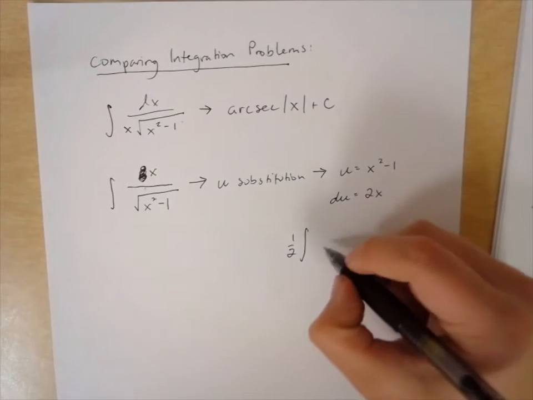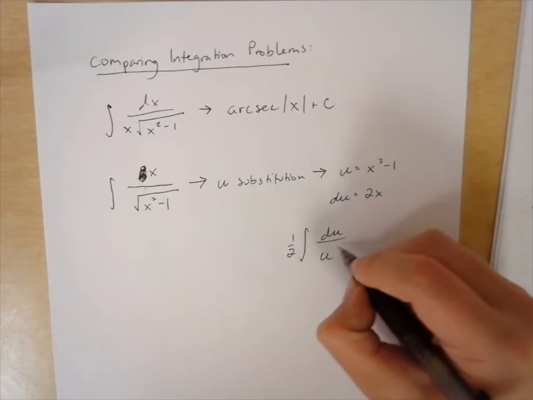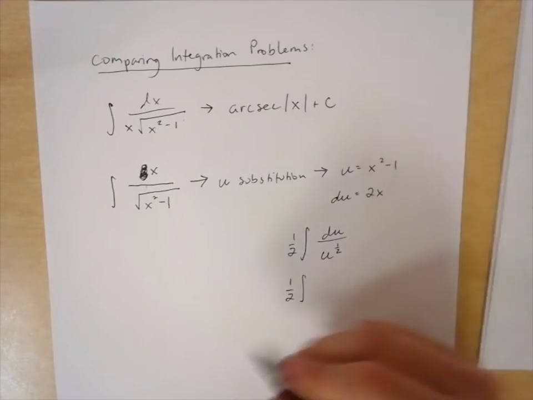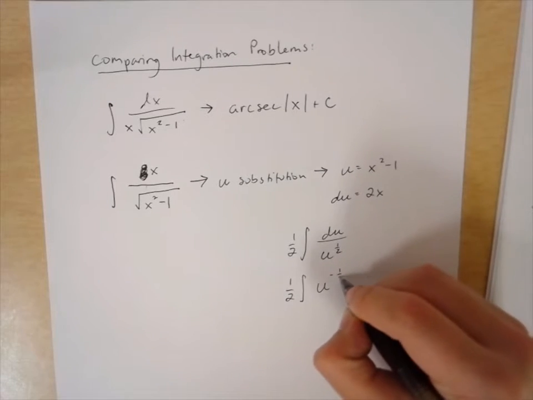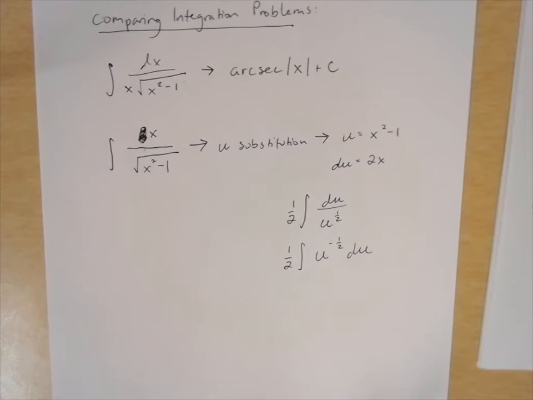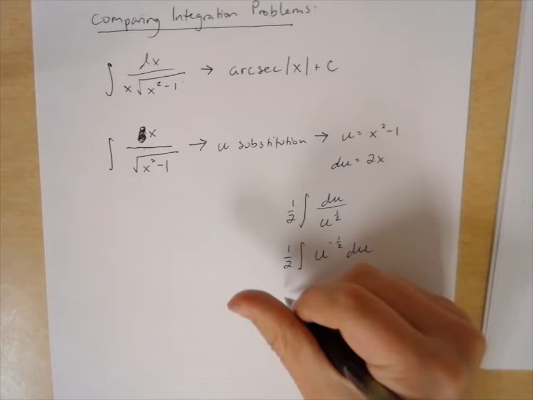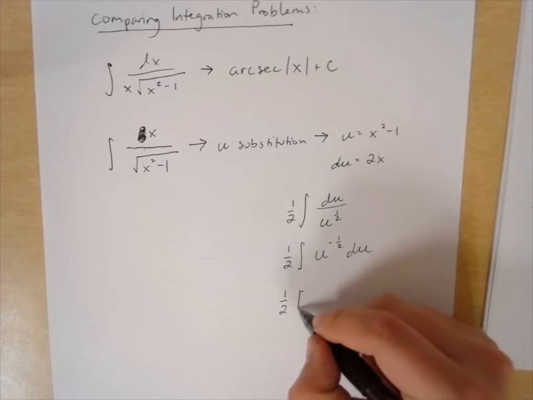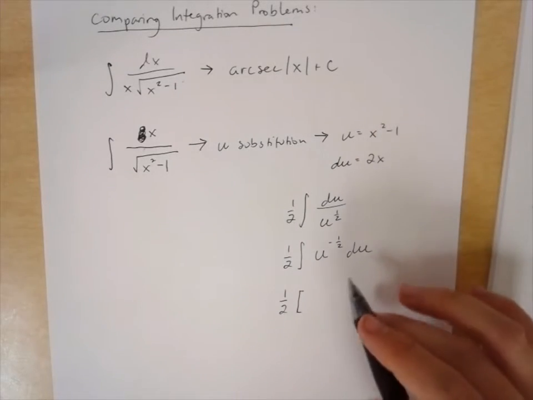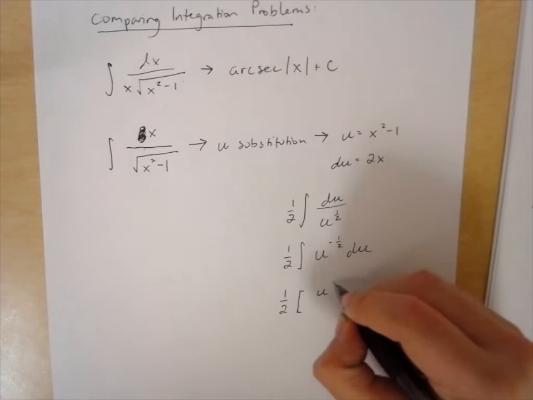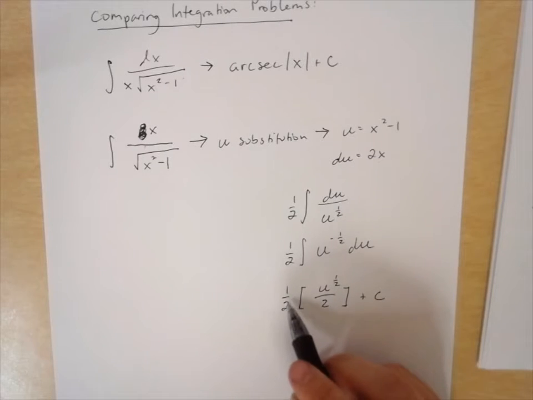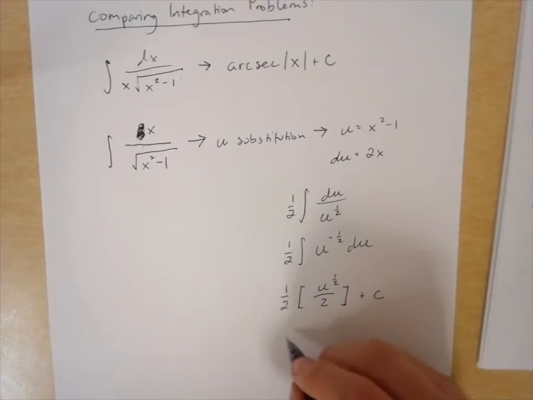So we'd have 1/2 du over u to the 1/2, which is the same as saying 1/2 integral u to the negative 1/2 du. Furthermore, when we use the power rule of integration, we would be saying 1/2 on the outside of u to the positive 1/2 over 1/2.